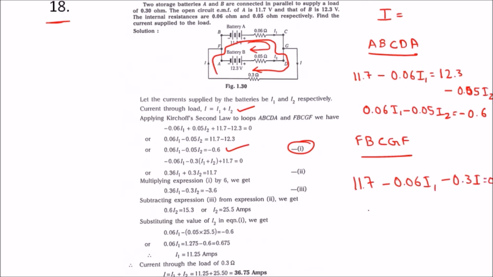When we simplify this also, we'll get 0.36 I1 plus 0.3 I2 is equal to 11.7.